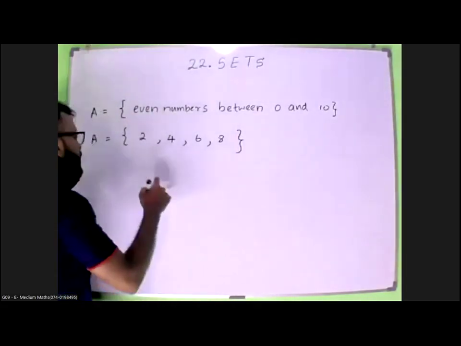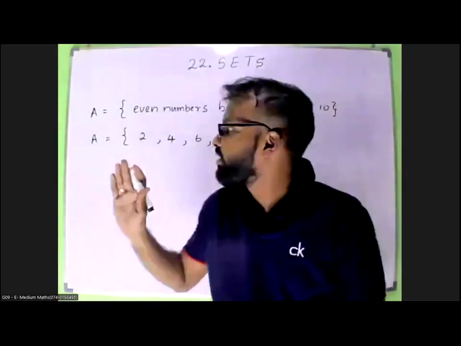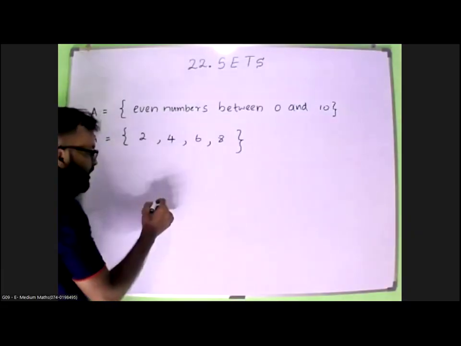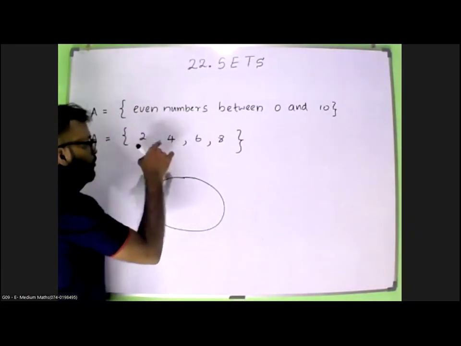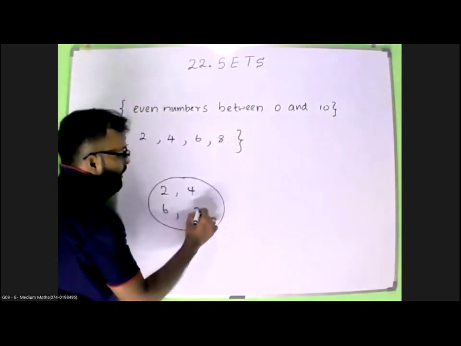I can represent this same set of elements in a different way, by using a Venn diagram. An ellipse can be used for that: 2, 4, 6, 8.